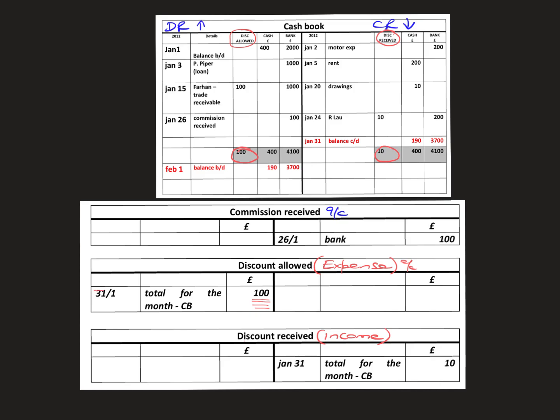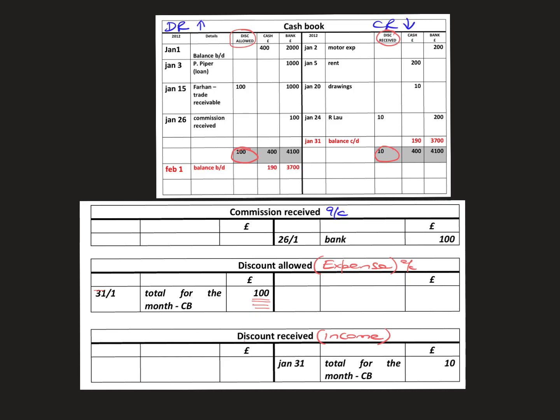So for the month of January, your total discount for the month that you're actually giving to your customers. Remember that discount allowed is the one that you give to customers. You allow it to your credit customers because they pay early for their debt. So it means that this would be a debit entry.